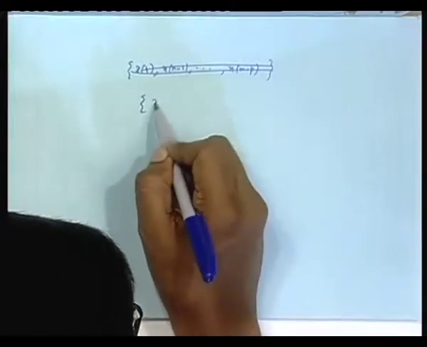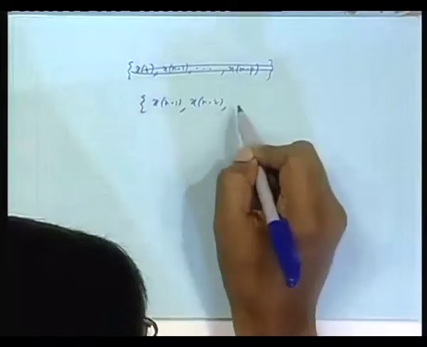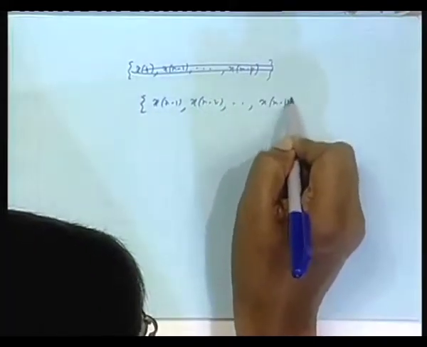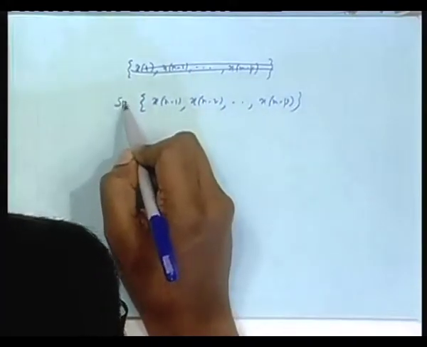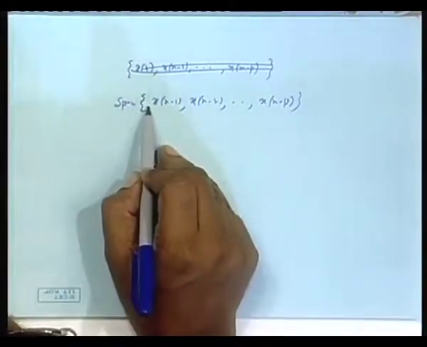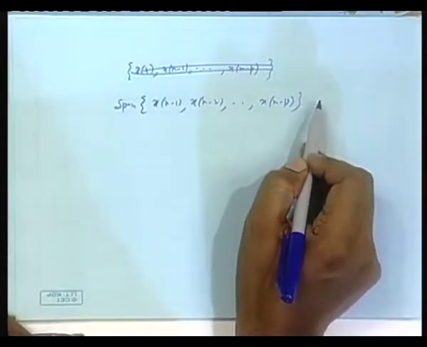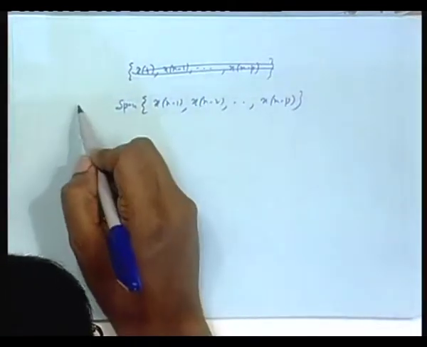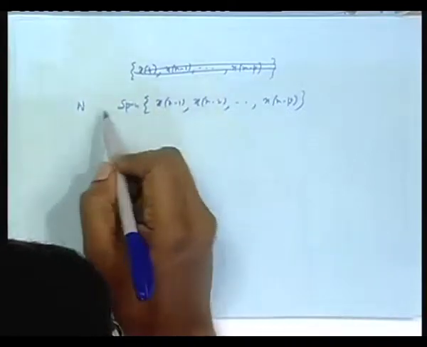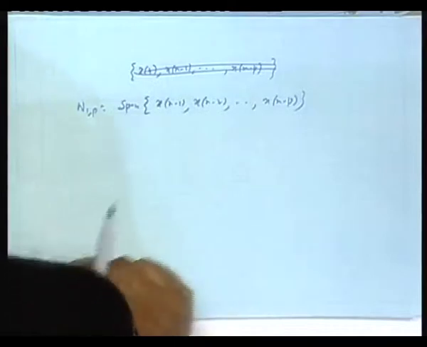The basic space was this; you can identify this as the span of this. In one case, we had x n in the beginning. In another case, we had x n minus p minus 1 towards the right. If we called it W 1 p, we call it W 1 p, this span.